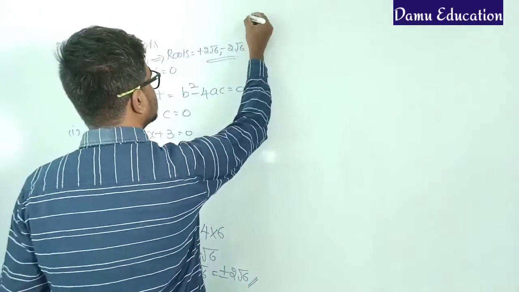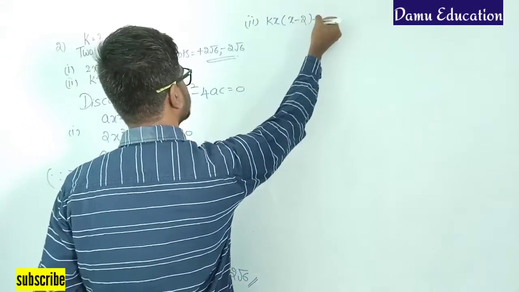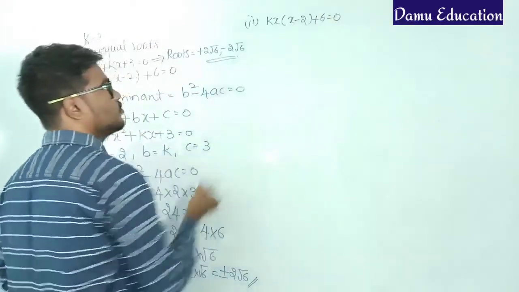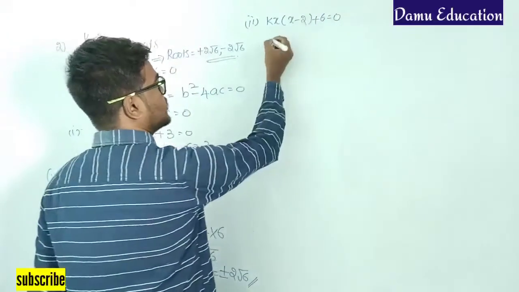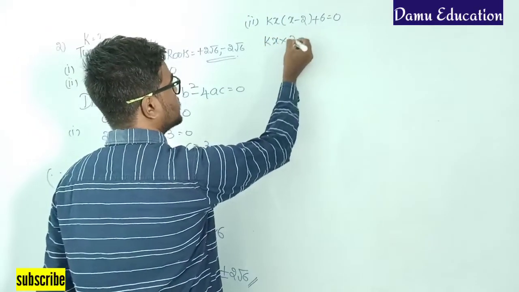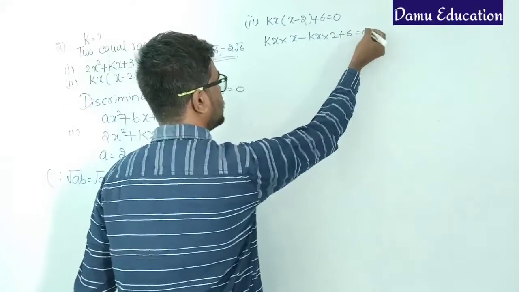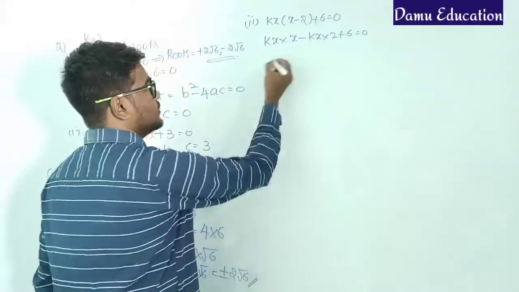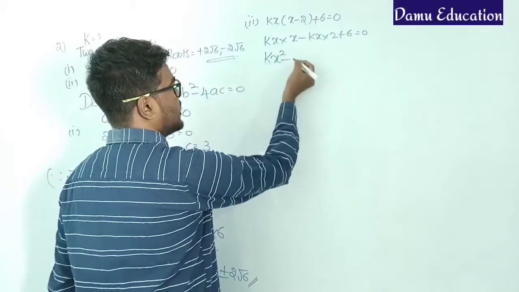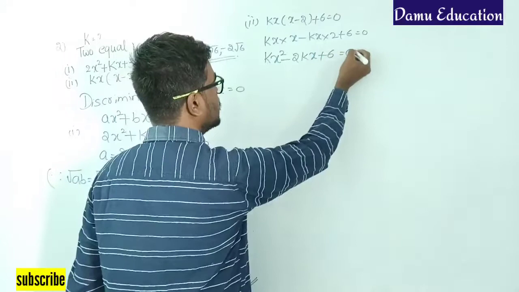Let's take the second one: kx into x minus 2, plus 6, equal to 0. Let's write the expanded form: kx into x minus kx into 2 plus 6 equals 0, that is kx square minus 2kx plus 6 equal to 0.